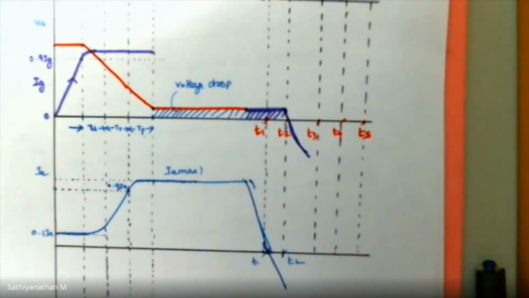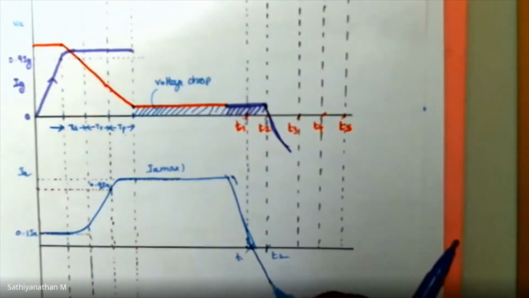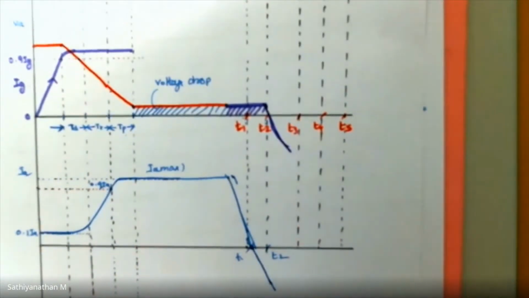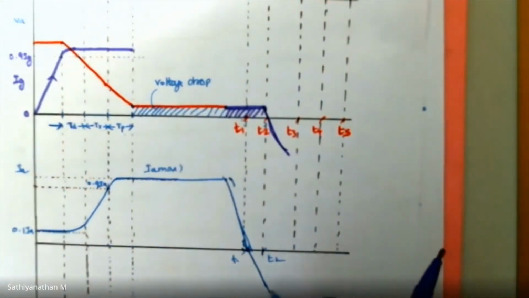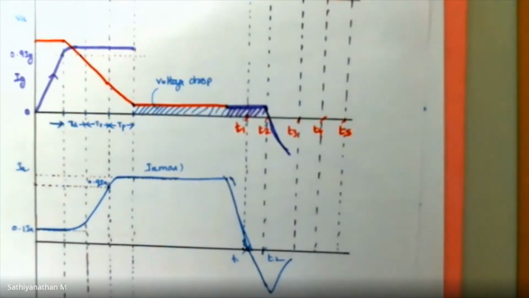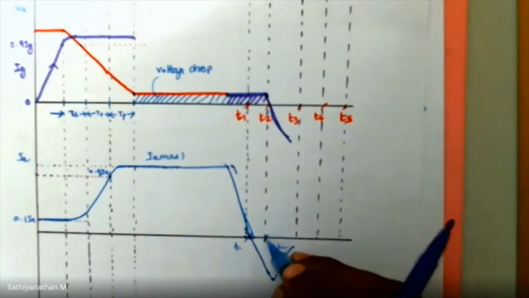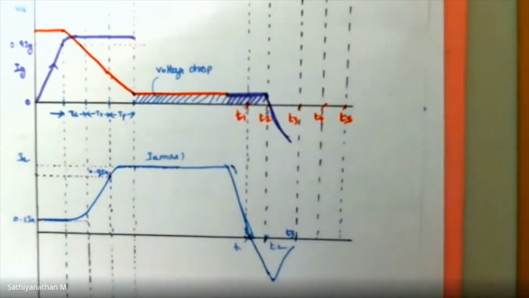Once it reaches the maximum limit, the electron-hole recombination occurs and they start to neutralize each other, and finally the current magnitude starts to decrease. Your current magnitude from T2 to T3 starts to decrease.